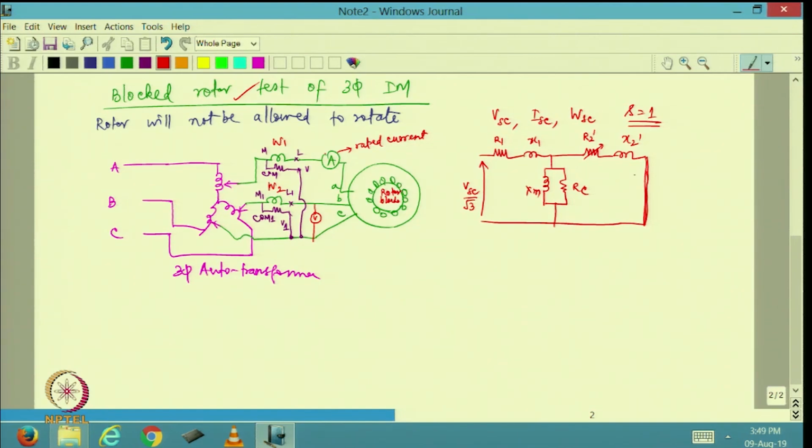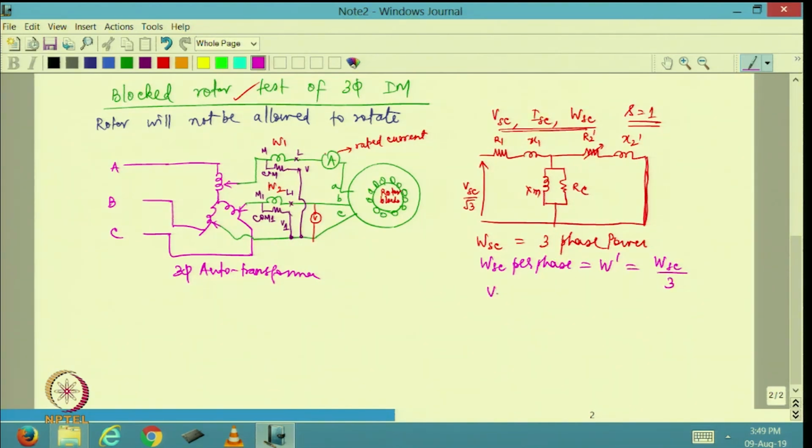That is why the block rotor test is also known as the short circuit test of the induction motor. Now, I am calling this a short circuit test, that is why I have written down these values as VSC, ISC and WSC. Now, whatever is WSC, this is the 3-phase power. So, if I want per phase quantity, I should say WSC per phase, which I may call W dash, this will be WSC divided by 3.